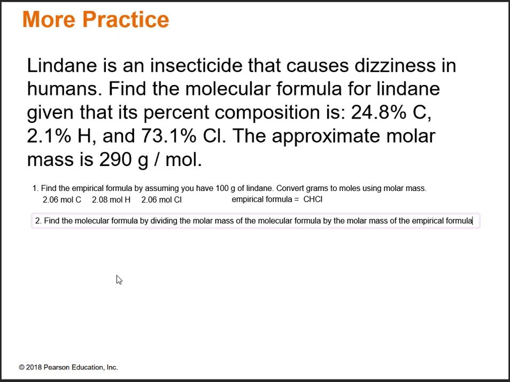So we need to figure out what our molecular formula is, and we have to divide the molar mass of the molecular formula by the molar mass of the empirical formula. You have to figure out the molar mass of the empirical formula first.